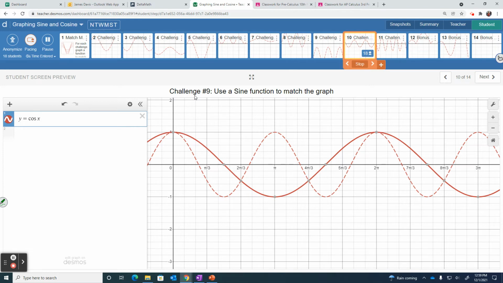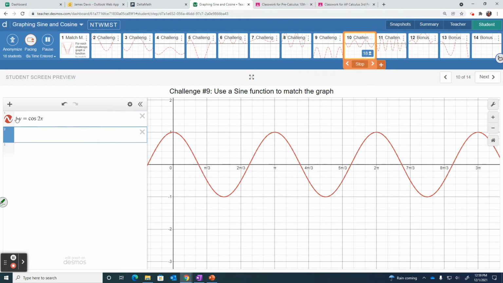So, obviously, you could write this as a cosine of 2x. But if you were to do this using a phase shift, is anybody able to do it with sine?